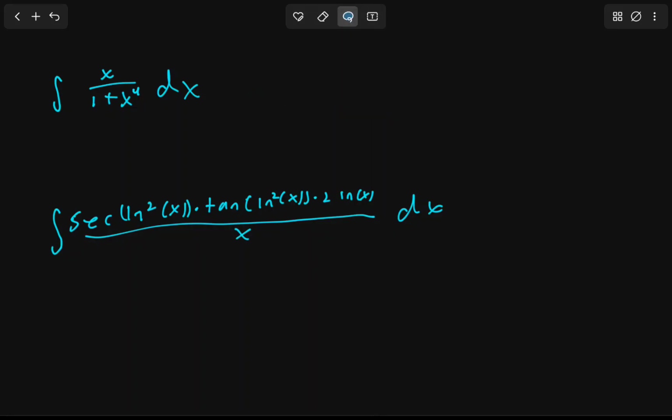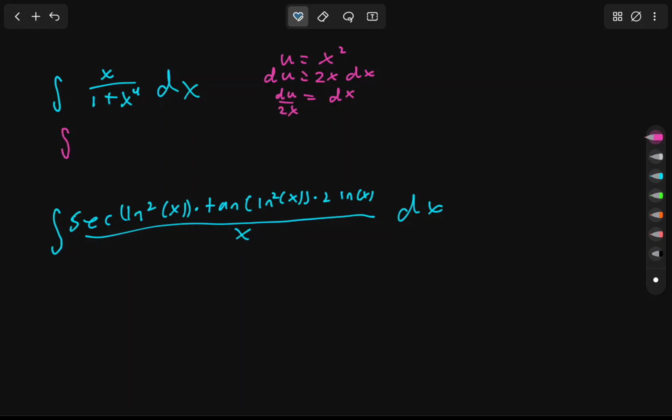So rather than selecting that to be our du, let's try u is equal to x squared. So even though we're not accounting for all the denominator, we're still accounting for the x to the fourth. So we get du is actually going to be 2x dx. So then dx is equal to du divided by 2x.